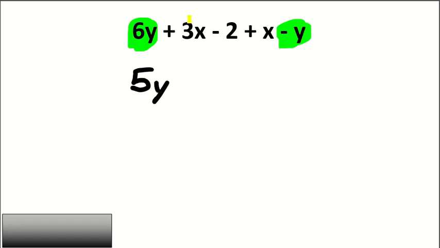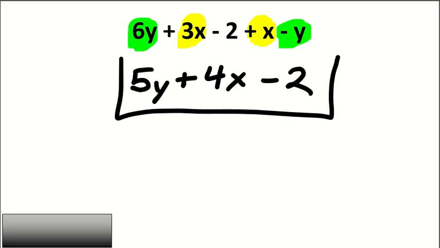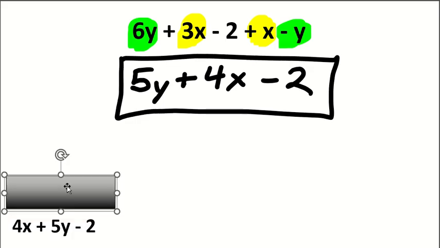Okay, now I got x's. If I have 3 x's and I add another x, how many x's do I have? I now have 4 x's minus 2, because there's nothing to combine with that minus 2. And we have simplified this expression as well.